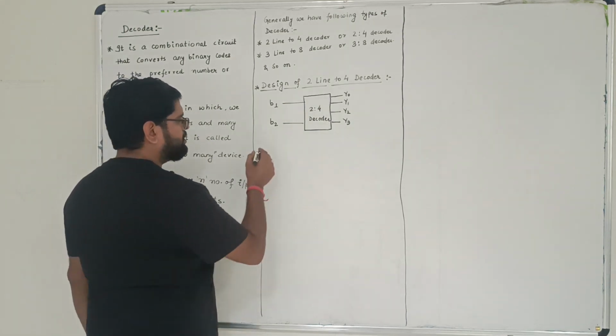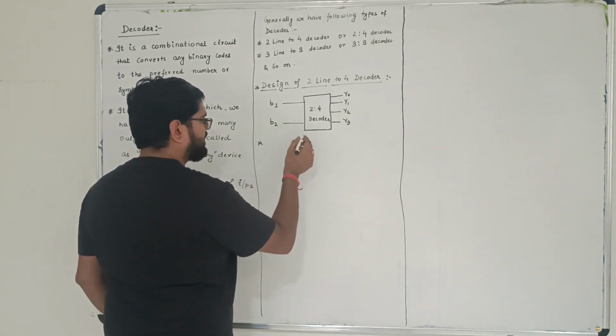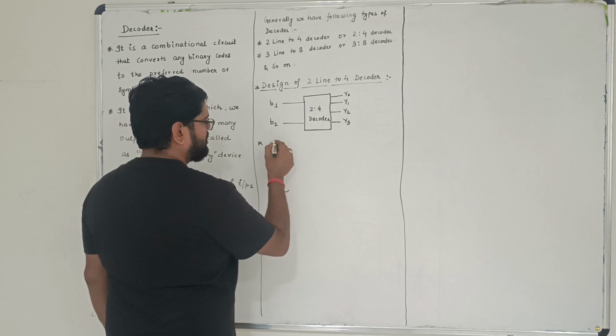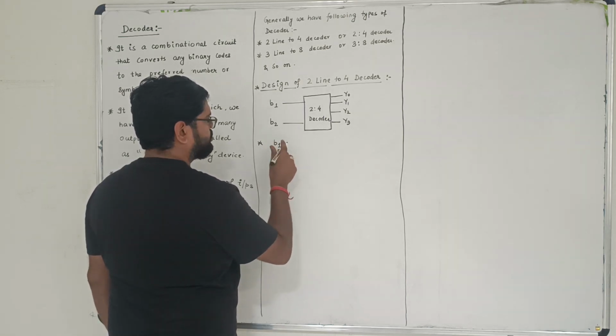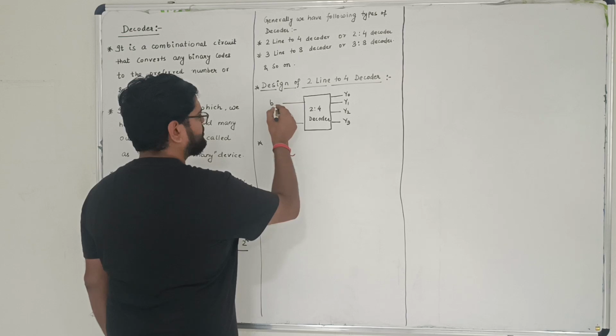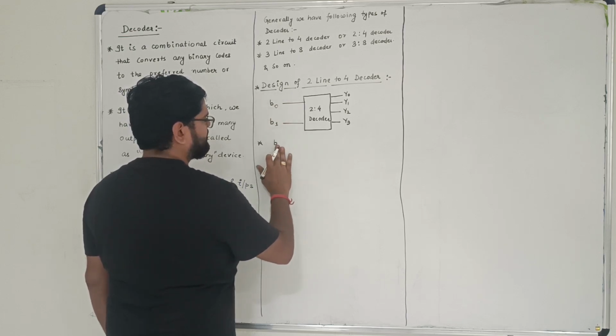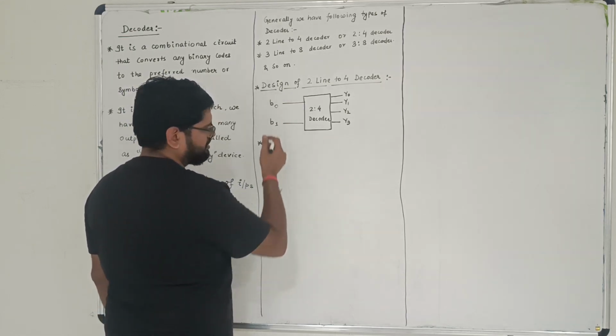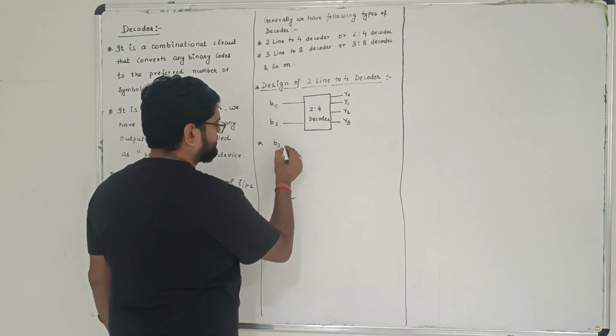Once we have the block diagram, we go for the truth table. We have 2 inputs, B1 and B2. It is better to use B1 and B0 for better analysis, because we have used that convention in previous examples.